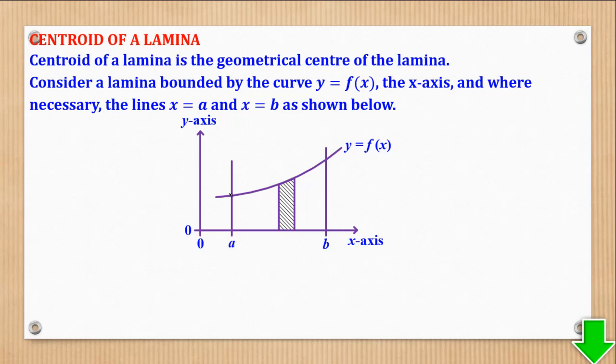Because this doesn't have a definite shape whose formula for area is known, you have to use knowledge of math paper 1, which is calculus. So we're going to divide the area into small strips. The height will be y and the thickness will be a small change in x. And this will be the position of center of gravity for this one strip. But remember, there are many strips.